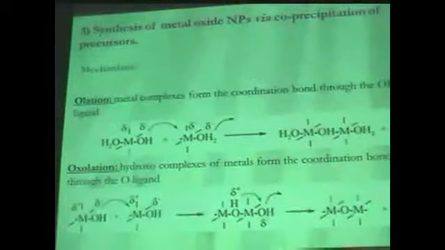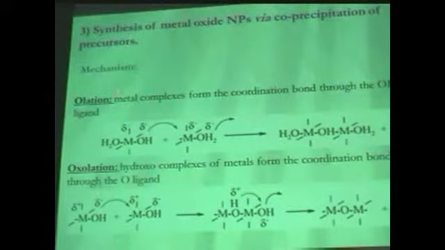Another synthesis to provide the metal oxide nanoparticles may be co-precipitation of precursors. This is a very classical method usually used. There are two mechanisms, olation and oxolation.